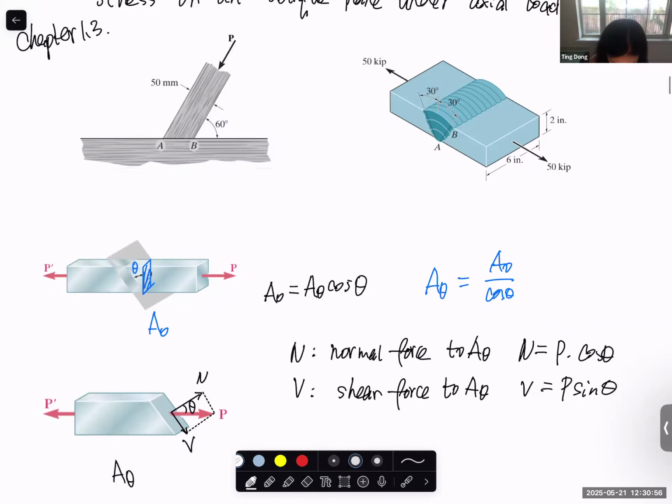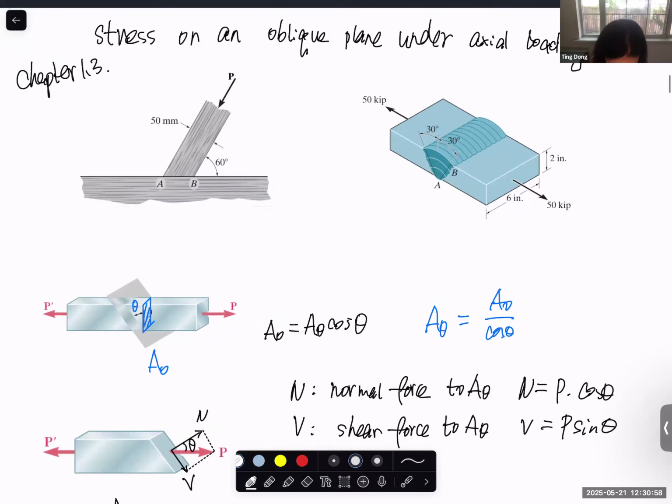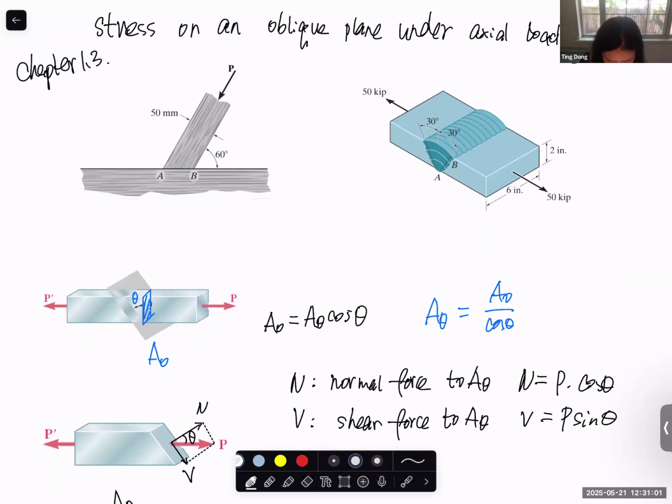So in the last class, we talked about the stress on the oblique plane. So this is for the application. What if there is a joint on the oblique plane, which means that it could be on a plane that is perpendicular to the x direction, but it could be in any random direction.